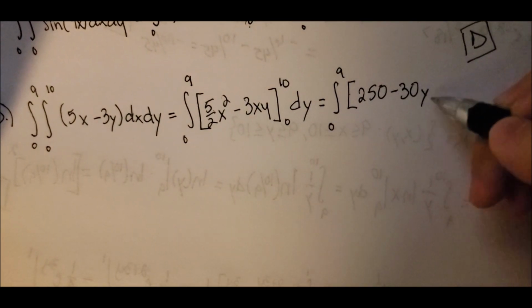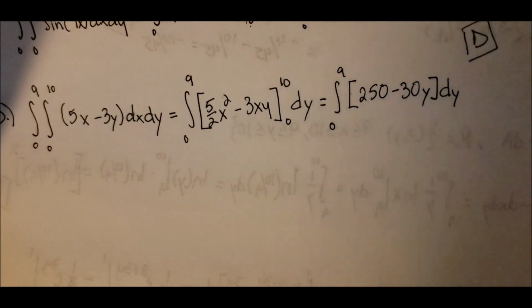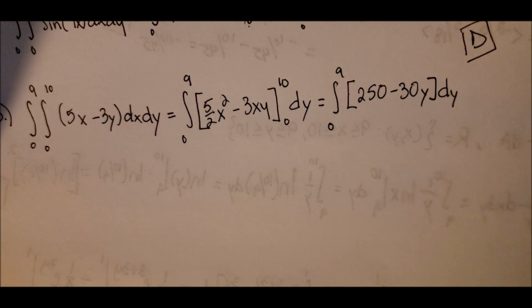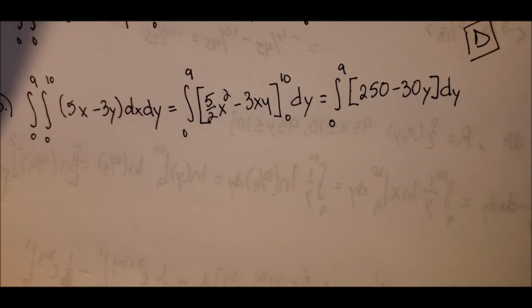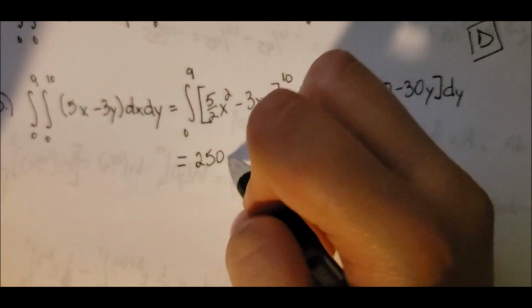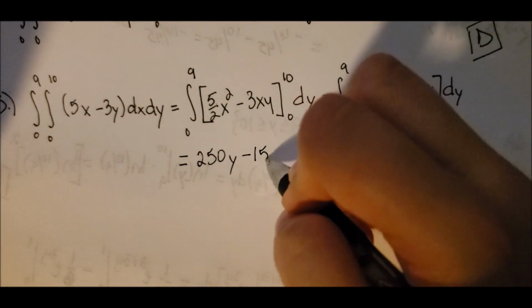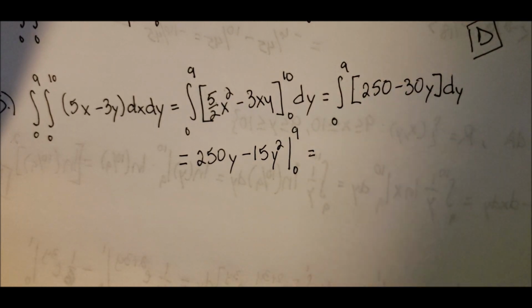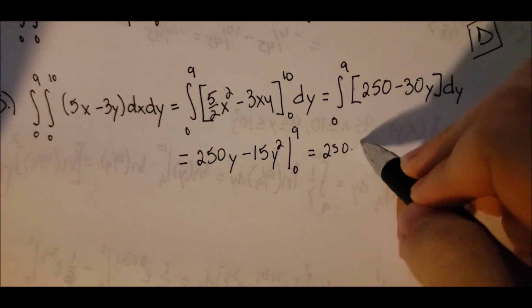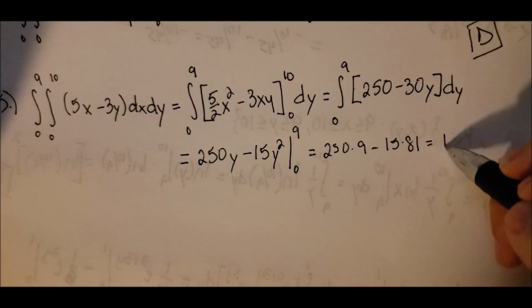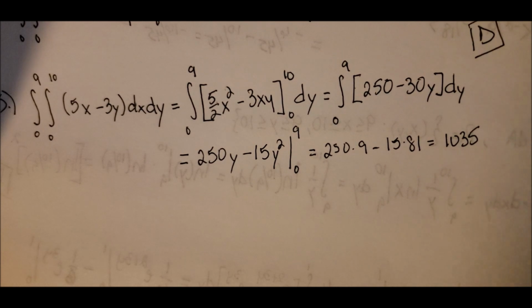Minus 30y. That's 250 times 9 minus 15 times 81. It's 1035, which is D.